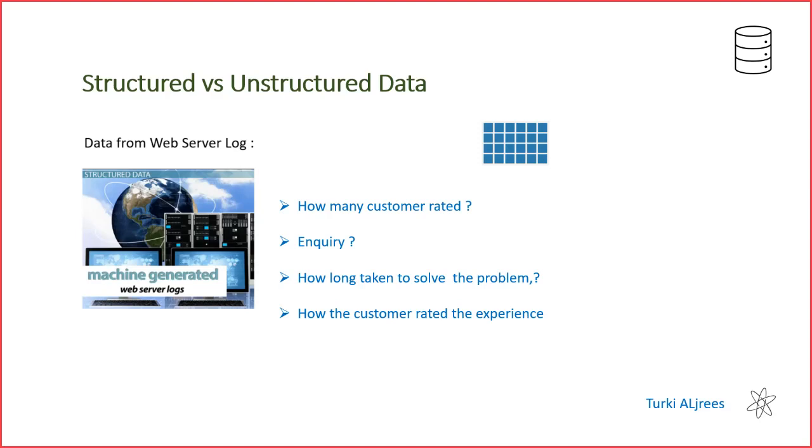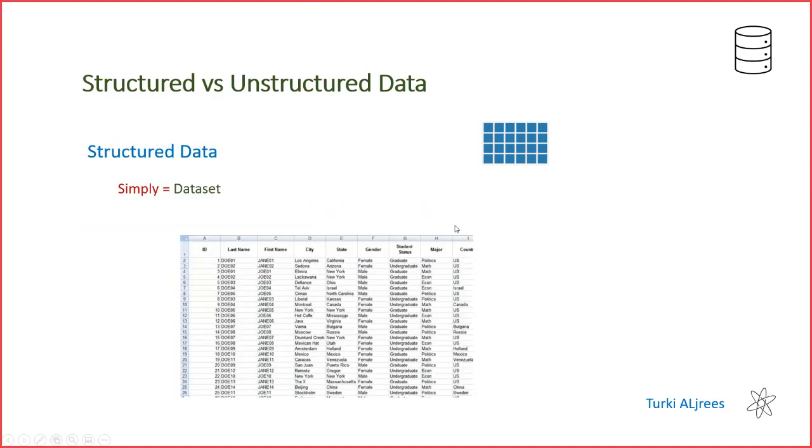Also, we can think of how many visitors visit our website and how long they stayed on our page, as well as where these accesses came from, what type of IP address we can see in this log, which determines the location of the person, where they are coming from. So simply, any dataset saved similar to this example can be classified as structured data.